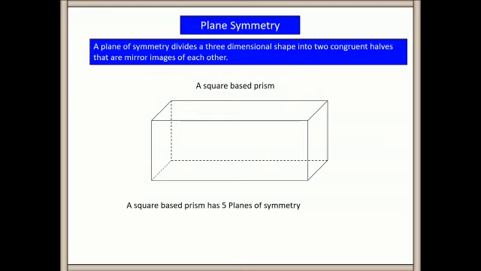In the cuboid, the base is a rectangle. In the square based prism, you can see here the right part, not down, is a square. The square has four equal sides. The planes of symmetry are 5. How does it come? Let's see.